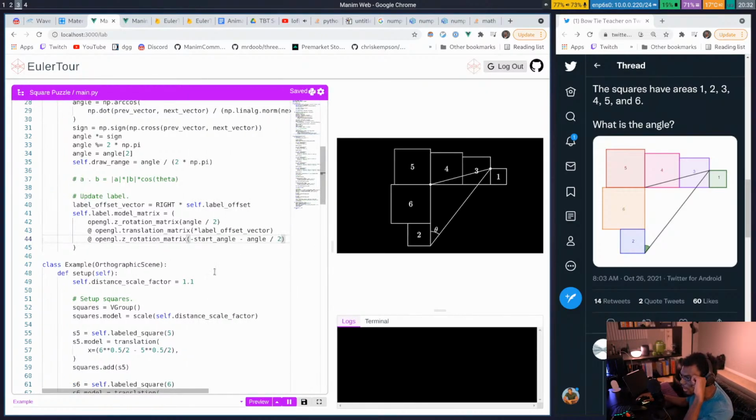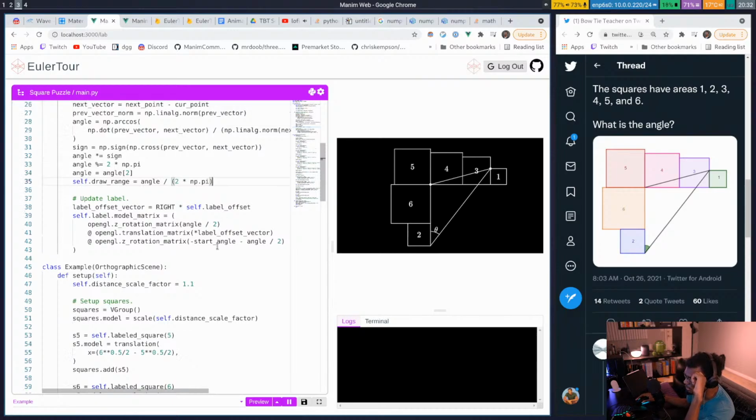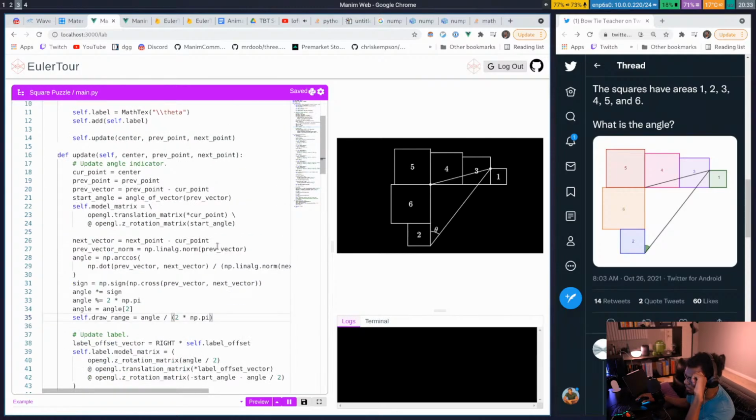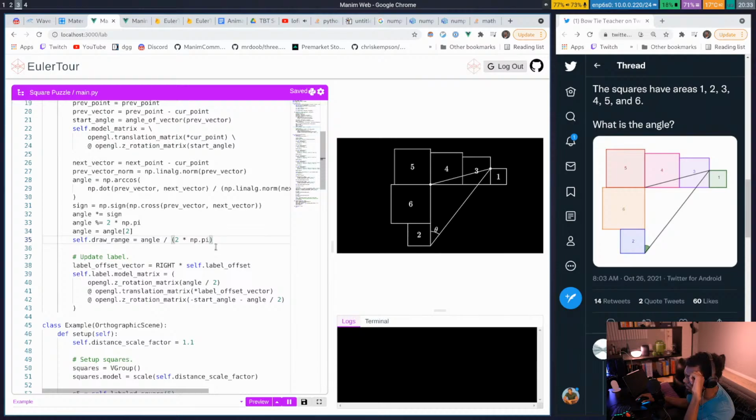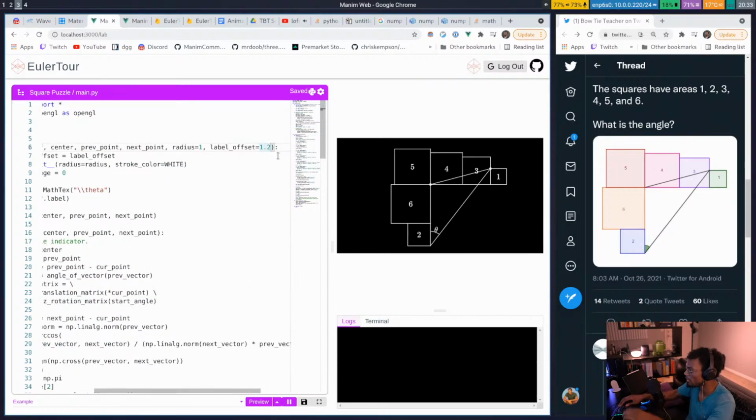It's funny because I don't think I actually even need that theta, because in this picture it isn't labeled. But that's fine. I'll just update this default to 1.3.